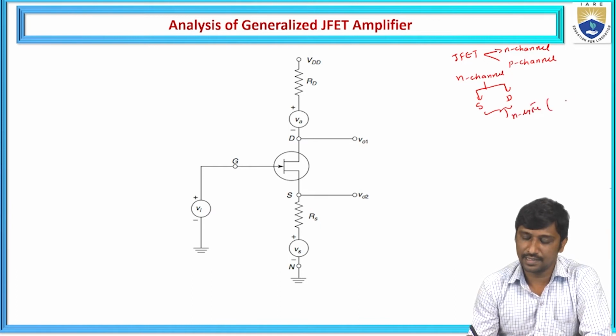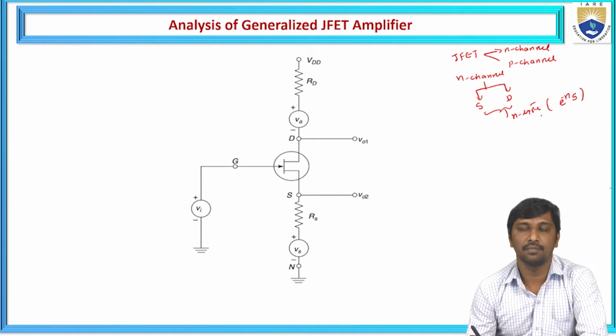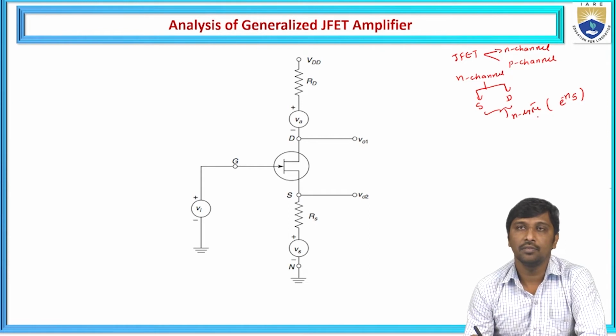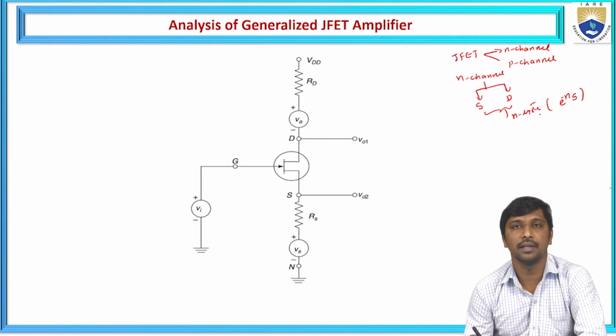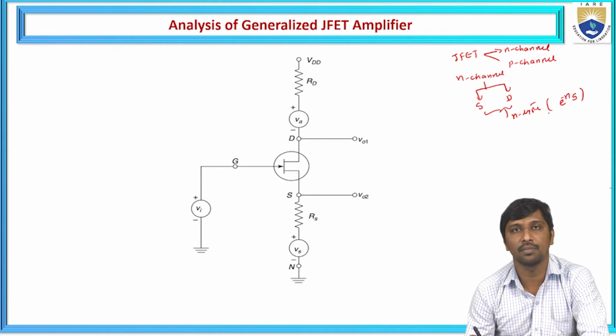Hence, the conduction depends upon the majority charge carriers, and in N-type material the majority charge carriers are electrons. We need to control the movement of the charge carriers from the source to drain, then only it allows the drain current from the drain to the source terminal.